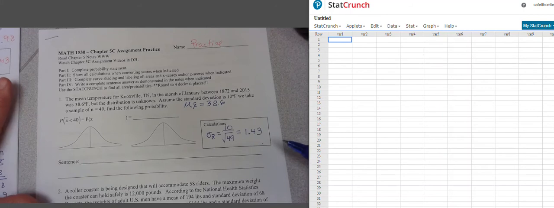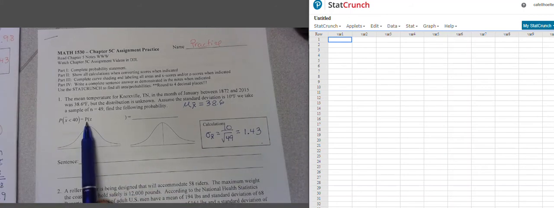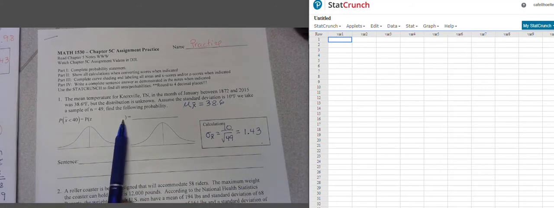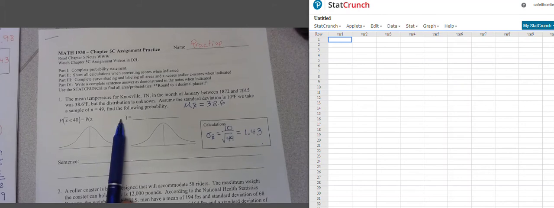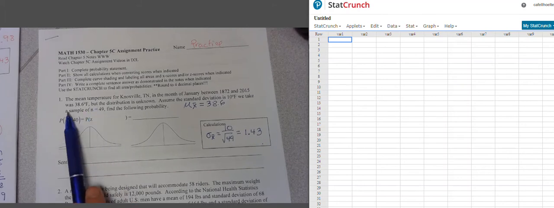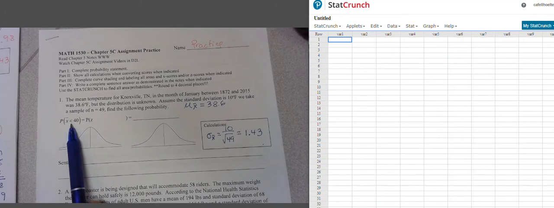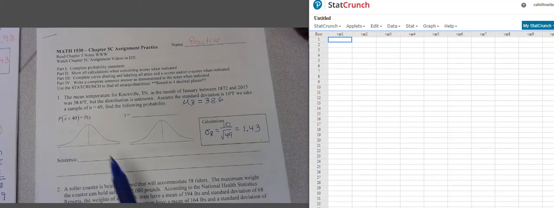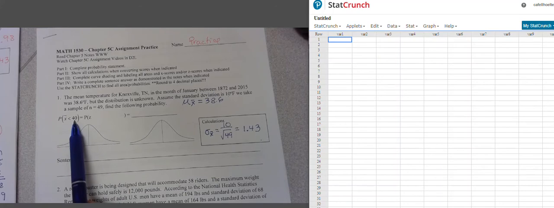Now for this particular problem, we are going to work with z-scores and then take what we find about our z-scores to figure out some probabilities about the actual temperatures. So we need to convert this 40 degrees that we're interested in to a z-score.